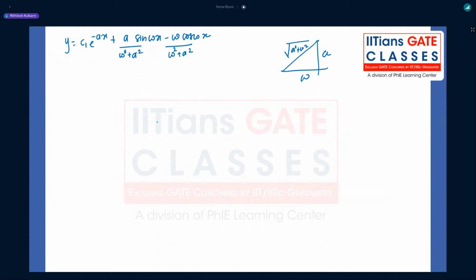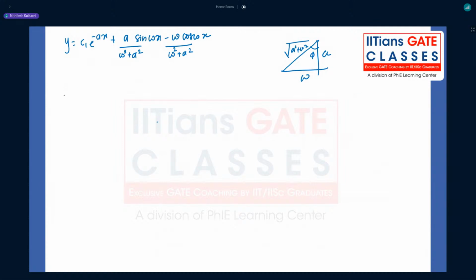Okay, and in that case, let's say you consider this angle as phi, for example. So a divided by the root of omega square plus a square, that is base divided by hypotenuse, you can write it as cos phi.